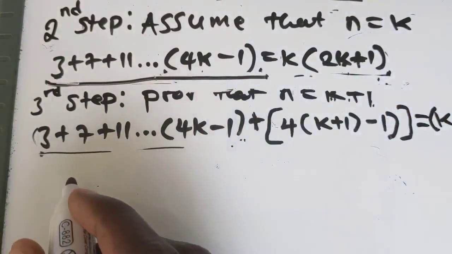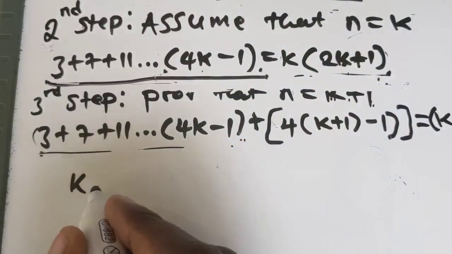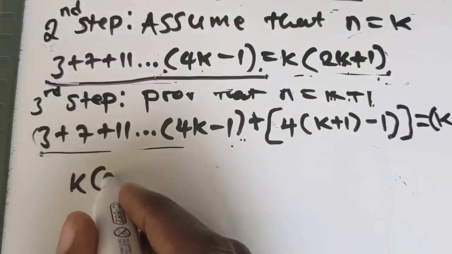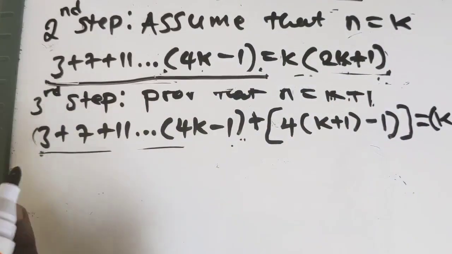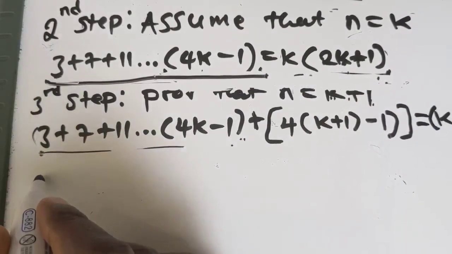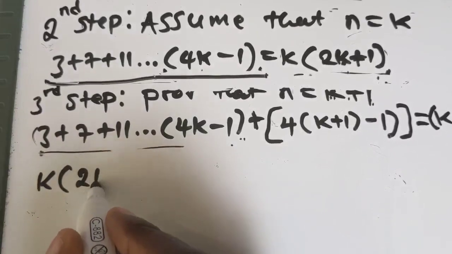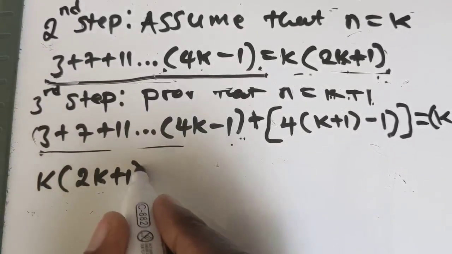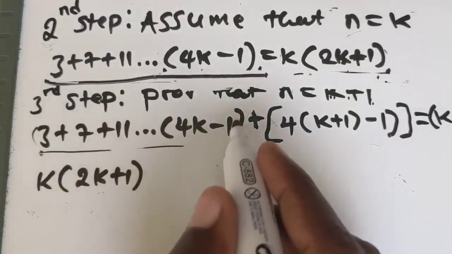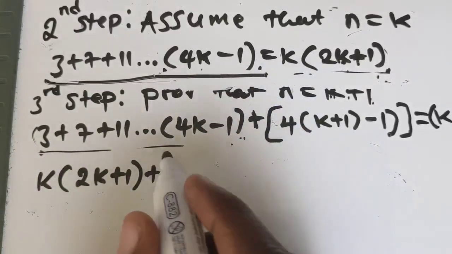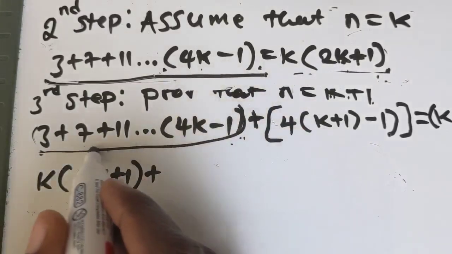That is the thing to do. So we are going to put k, open bracket. Let me just write it from here. So that is k, open bracket. That is 2k plus 1. So we've just replaced this. What follows? It's plus. Okay, I've just replaced this part.